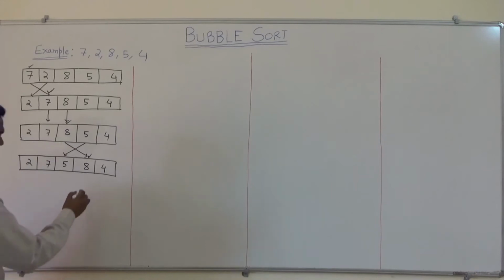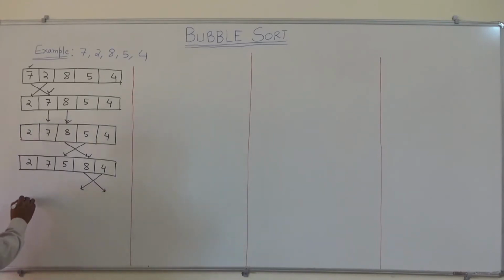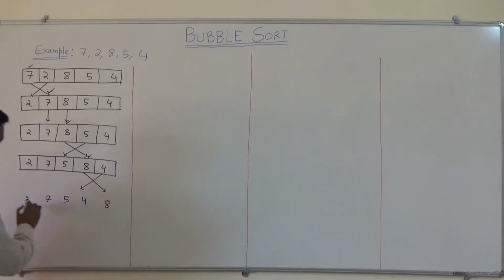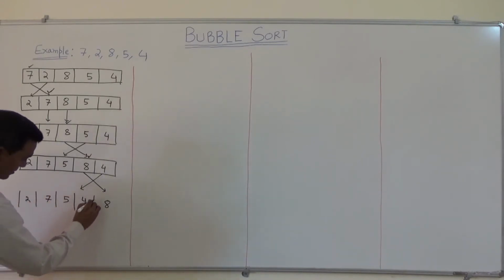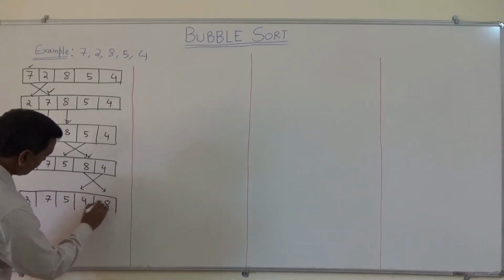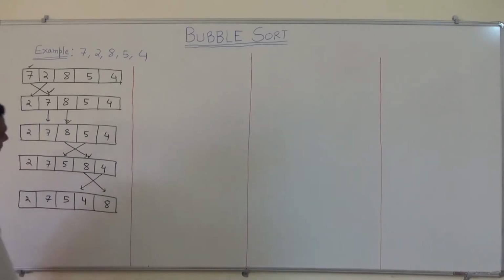So it comes out to be like this: 2, 7, 5, 4 and then 8.